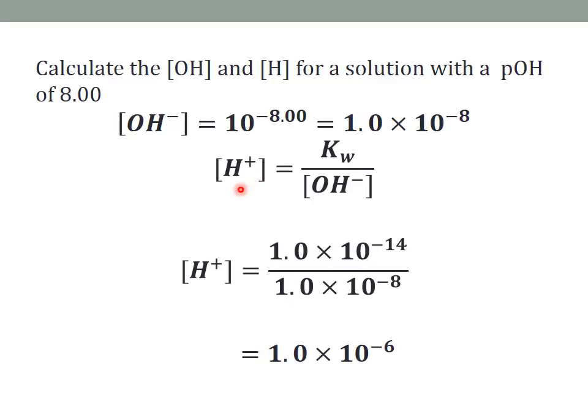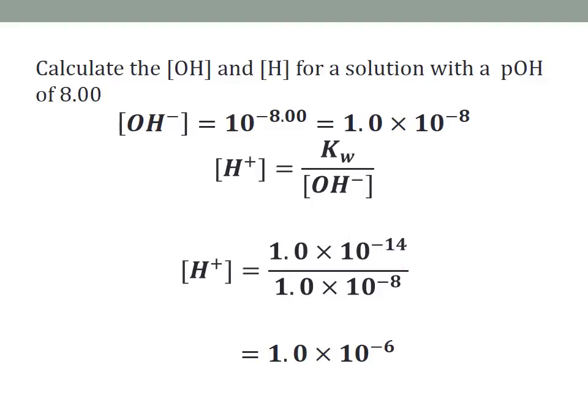Now to find our hydrogen ion concentration, or the hydronium ion concentration, we take Kw and divide it by our hydroxide ion concentration. Kw is 1.0 times 10 to the negative 14, and our hydroxide ion concentration is 1.0 times 10 to the negative 8. The bases are the same, so we can subtract our exponents.